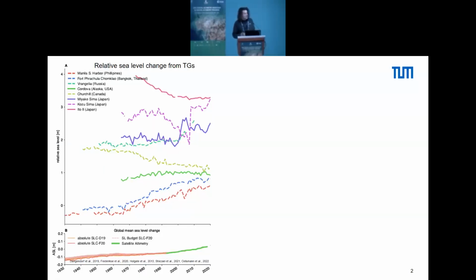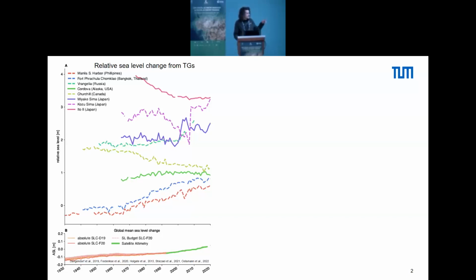First of all, I'd like to give a very general introduction into the major drivers of vertical land motion, because it is widely known that it can be highly regionally variable. Here I show some relative sea level change observations over the last approximately 80 years in the upper plot.